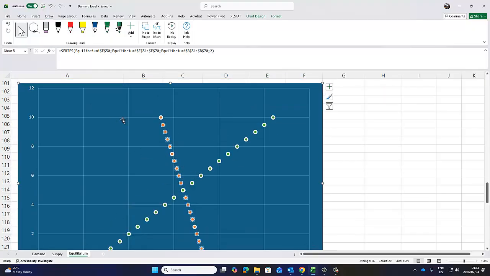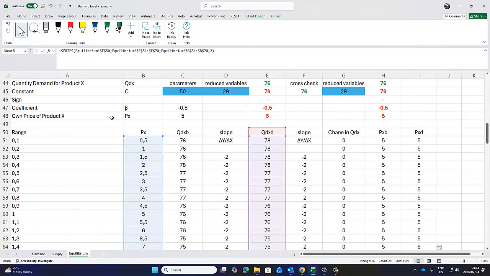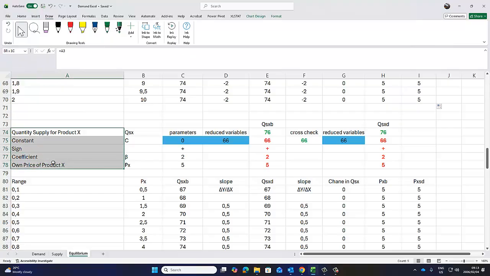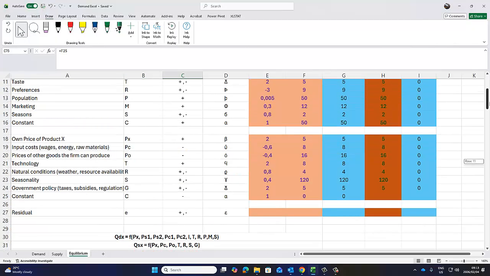Okay. Then you can expand on the range, etc. Anyway, and I do exactly the same with supply. There's my derived supply curve. Quantity supply is equal to my constant plus beta times price x. In this case, my constant is 0.